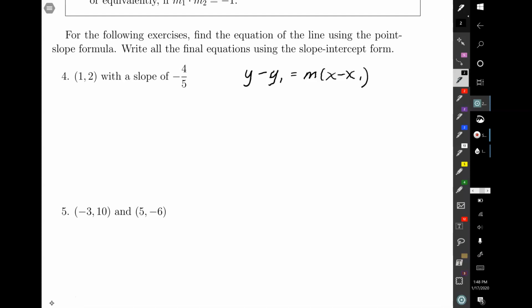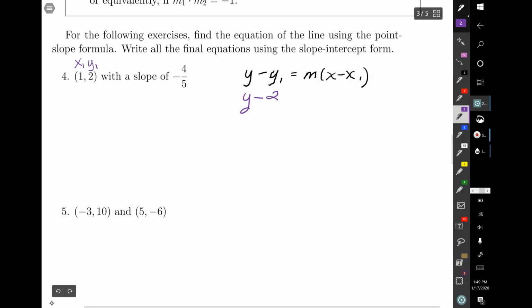So we have a point and a slope, so we can just write that right in there. We're going to leave the y. Minus y sub 1 is 2. I'm going to label those over here: x sub 1 is 1, y sub 1 is 2. Then equals the slope, which is negative 4/5, times the parentheses x minus x sub 1. I'm going to put in 1 for that.